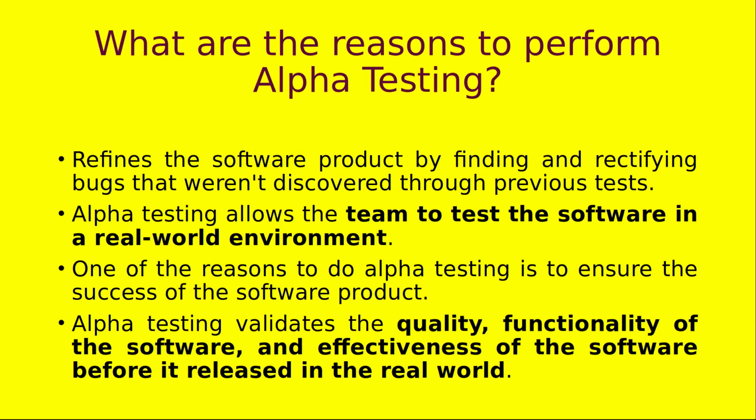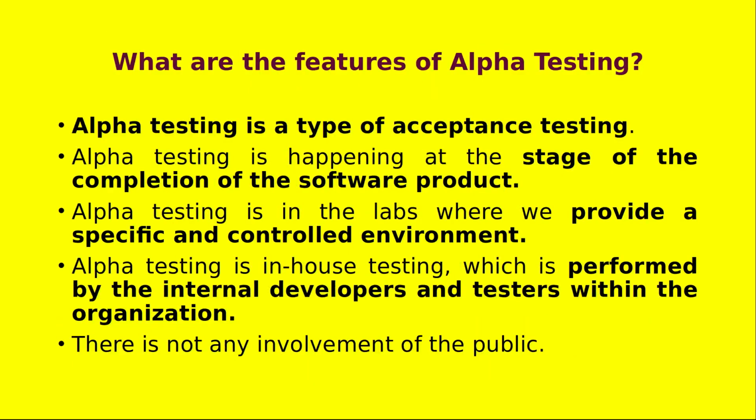It will improve the quality, functionality and effectiveness of the software before it is released in the real world. So what are the features? This is the final stage of software development and testing, and it is done in a controlled environment.